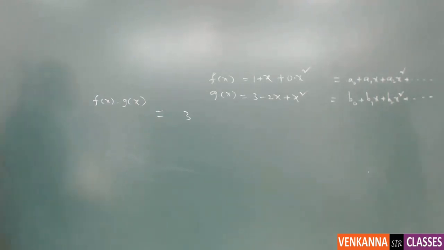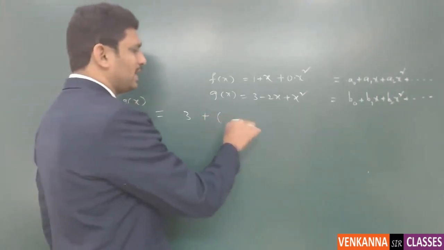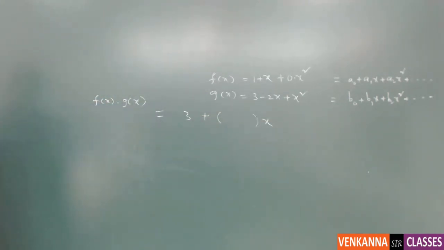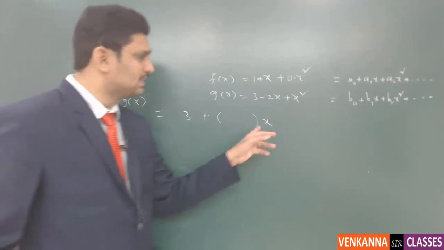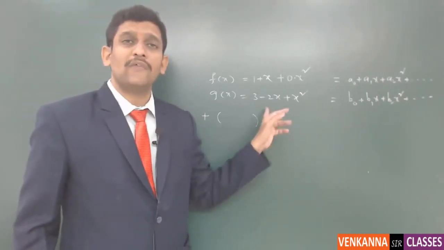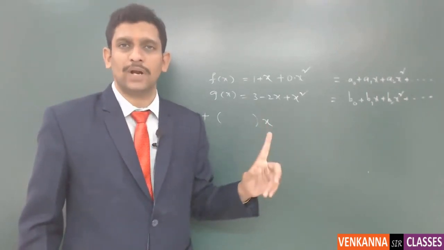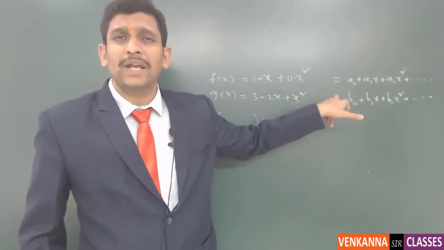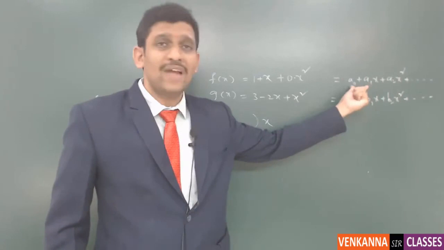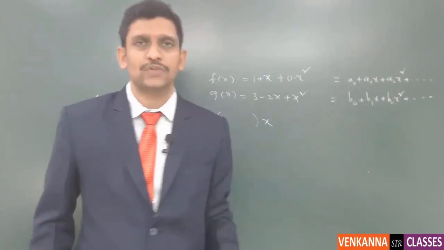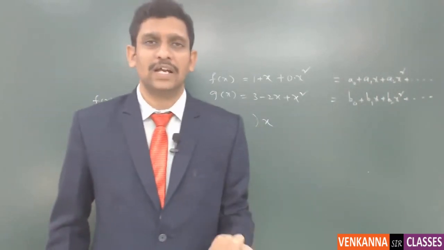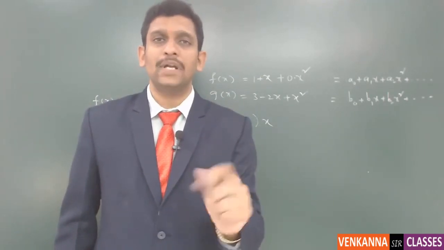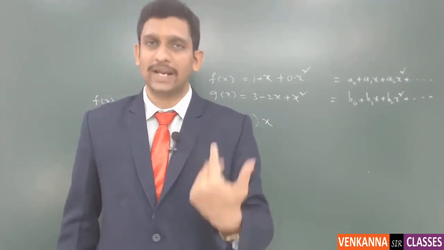And if you want to find the coefficient of x, how to calculate that? Here the technique is, what is the power of x here? Its power is 1. So here we are multiplying some a values with some b values in such a way that the suffixes, if you add them, must be equal to the power of x.